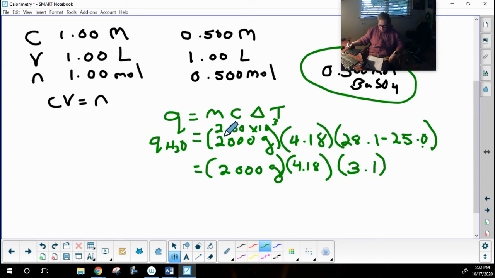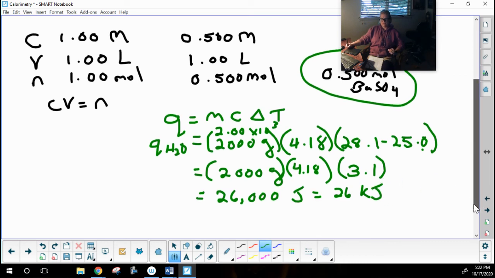I'm going to throw all of that into my calculator, and I'm going to get 26,000 joules. And a joule is a very small measurement of energy, so we usually go to kilojoules, 26 kilojoules. And it still has 2 sig figs.